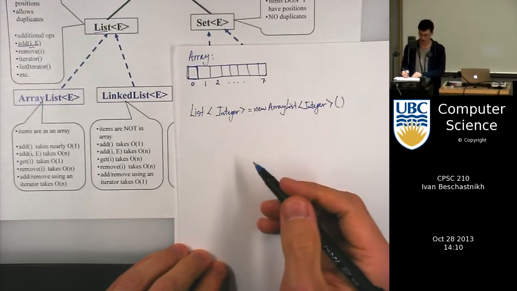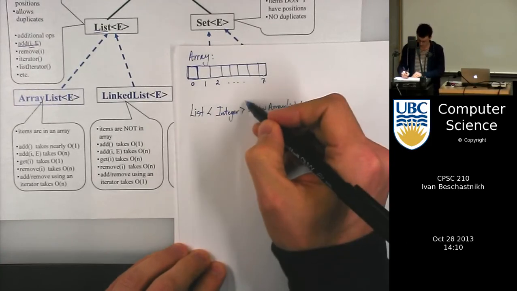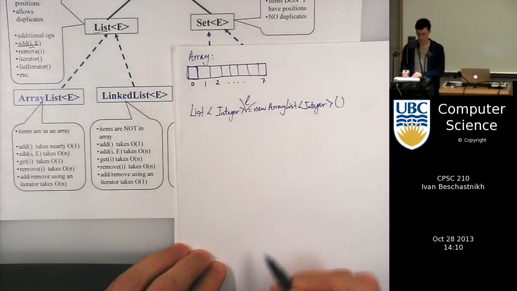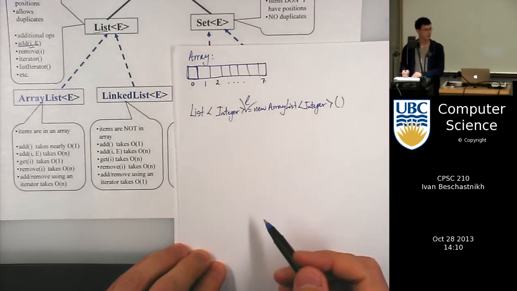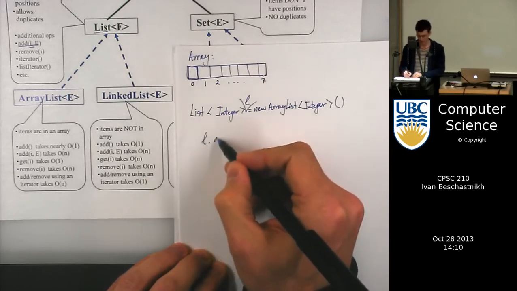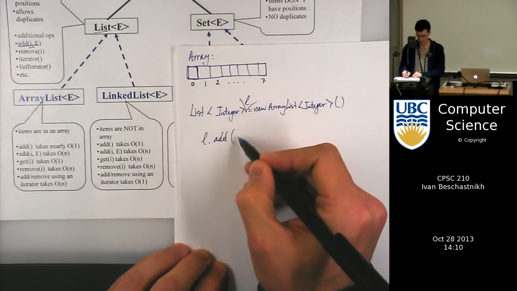So initially I create some list, let's say list L. My list is going to be empty. And then I can do something like L.add the number 2.